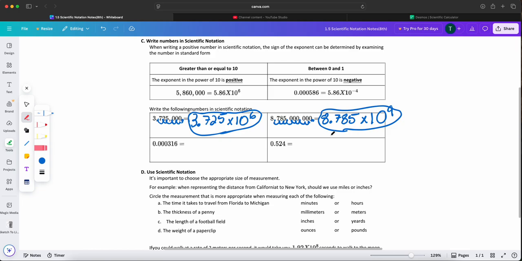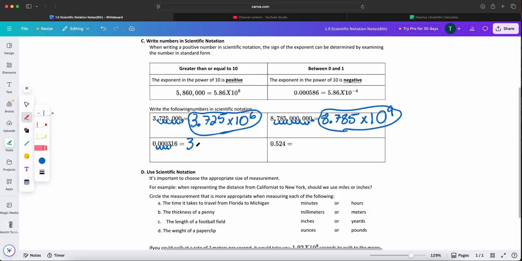So the next one, if I look at those two, they are really small numbers because they start out with a 0 point. So they tell us where the decimal is, so we're going to go ahead and move that decimal so that we only have one number in front of our decimal that's between 1 and 9. Should be right here once I go after this 3.